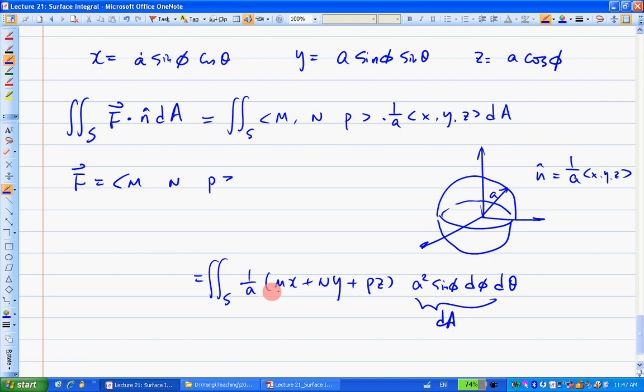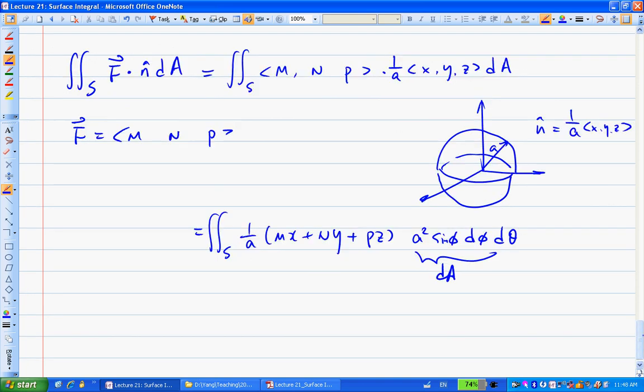And this is the result of the dot product. There's 1 over a here, and a squared over here, so this a cancels that. So that equals Mx plus Ny plus Pz, and a sine phi d phi d theta.